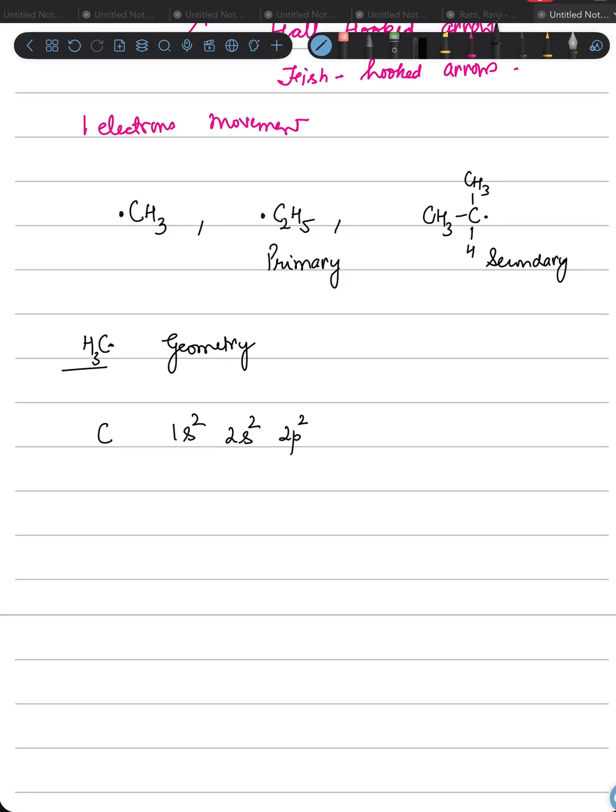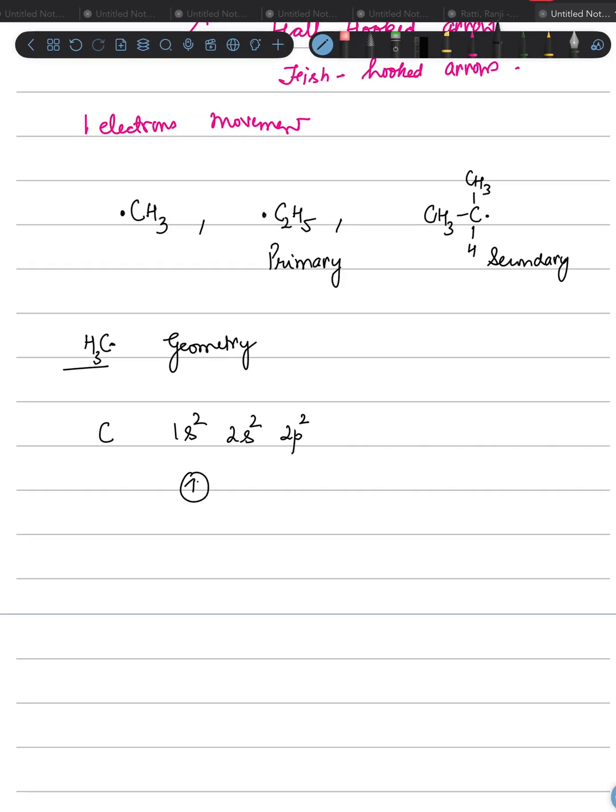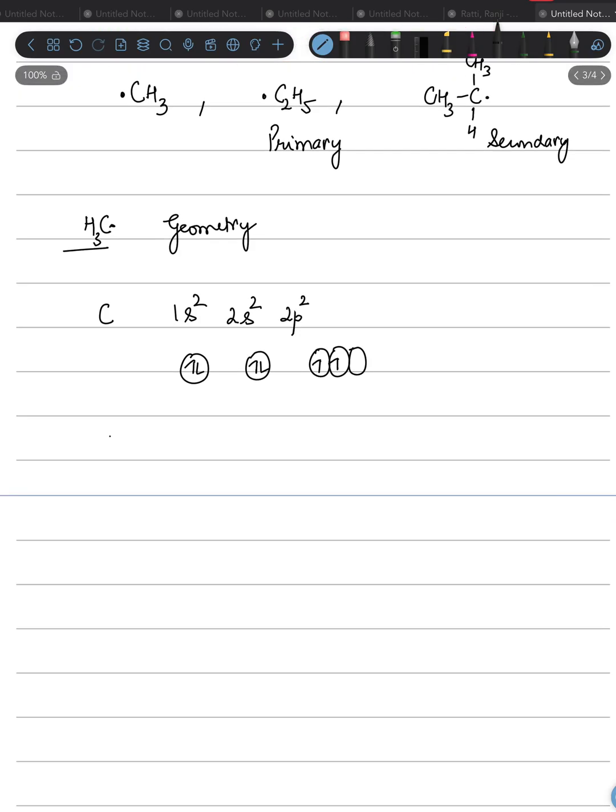Which means carbon in this state is this. And for p we have 3, right? Now in the excited state, in bonding, we are focusing on the valence shell because that's where things happen in bonding. So one of the electrons gets excited from the 2s orbital to the 2p orbital, from here to here, right?